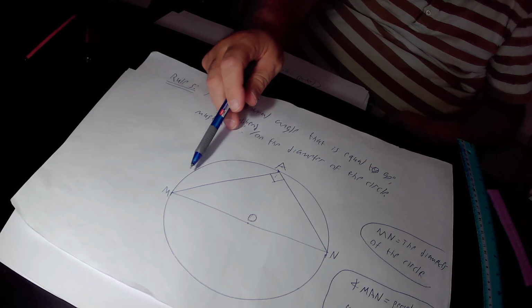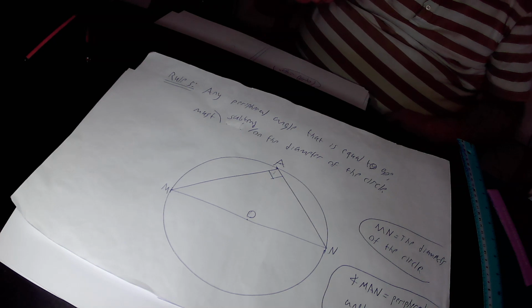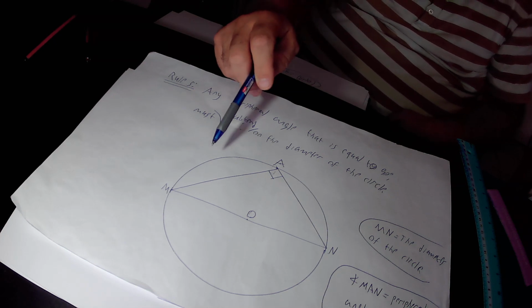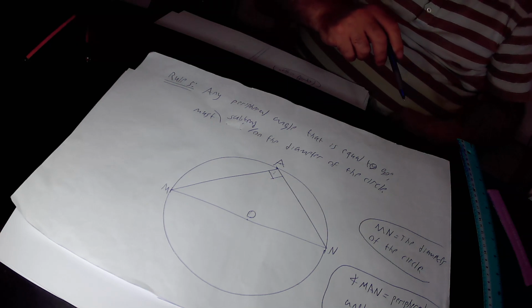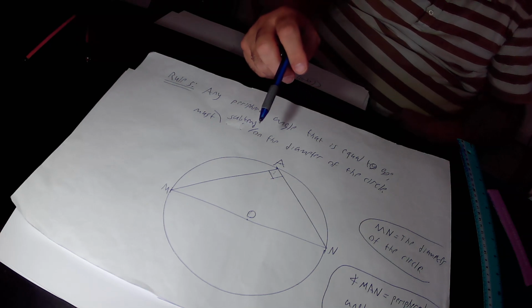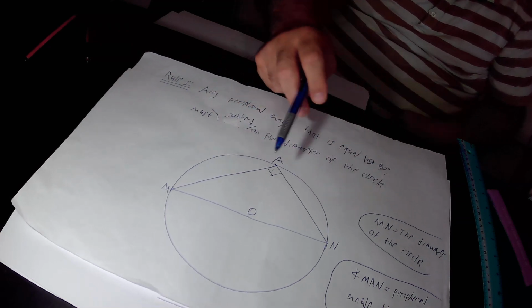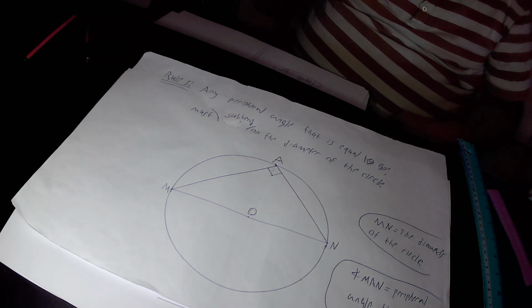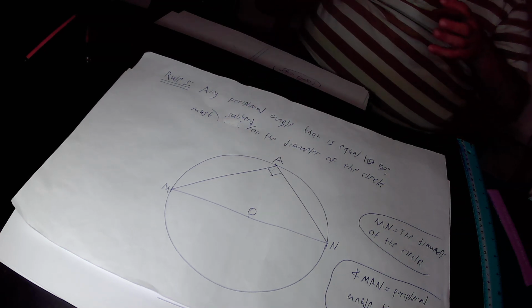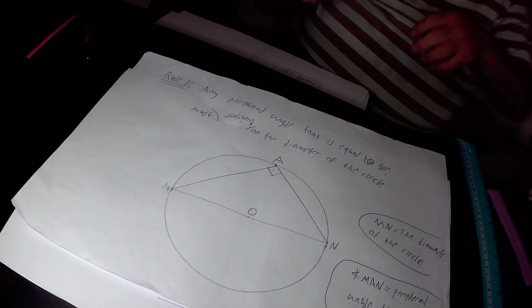And we know that peripheral angle MAN is a right angle, that is to say, it is equal to 90 degrees in its size. And therefore, according to rule 5, peripheral angle MAN must subtend on the diameter of the circle. And because peripheral angle MAN subtends on MN, MN must be the diameter of the circle, according to rule 5. So whenever you have a peripheral angle that is a right angle, it must subtend on the diameter of the circle.